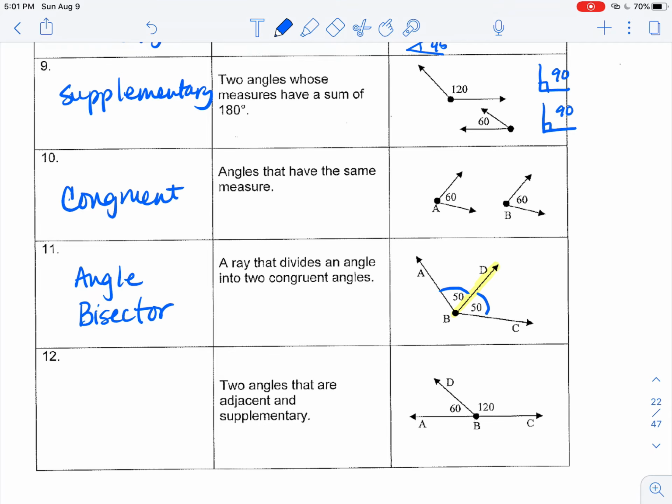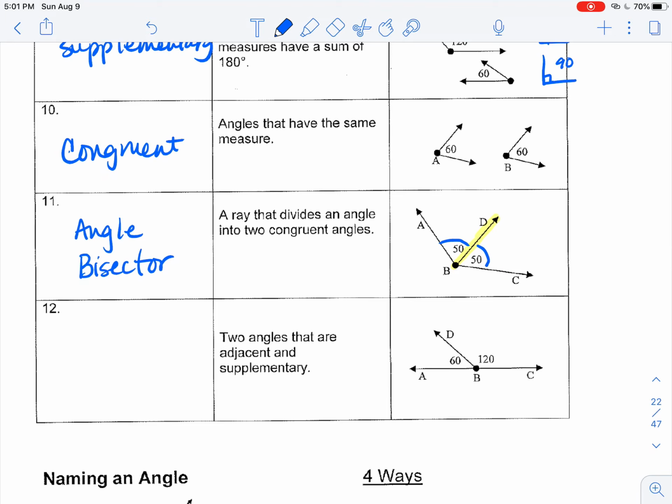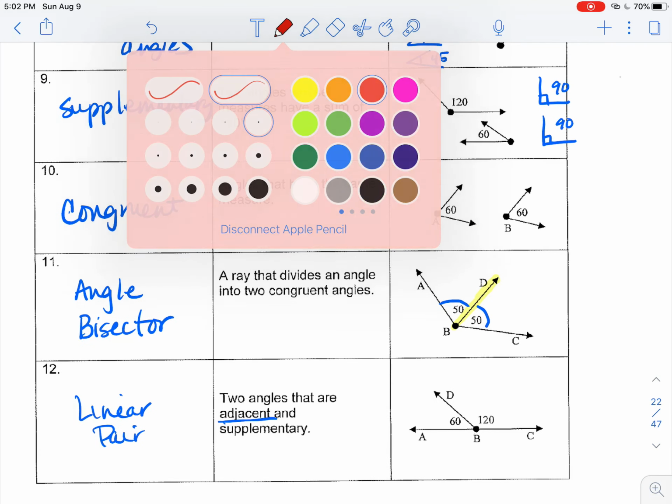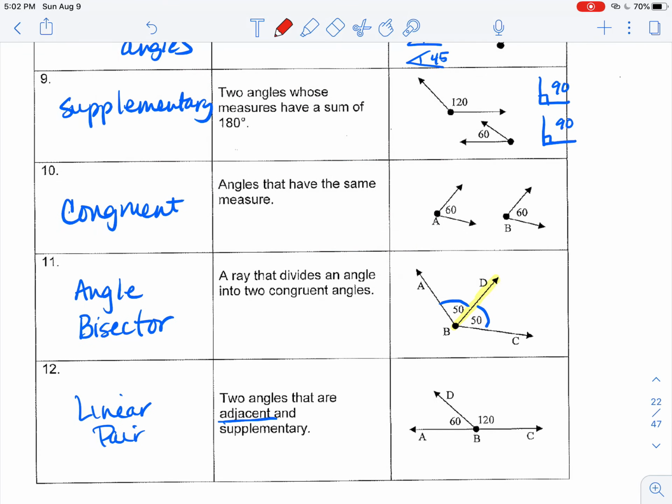Number 12, two angles that are adjacent and supplementary form a linear pair. An angle that measures 180 is a straight line. Two angles that are adjacent and supplementary are a linear pair. So I want to make one more little note up here on the supplementary and congruent.